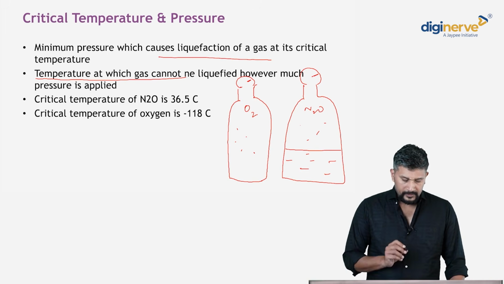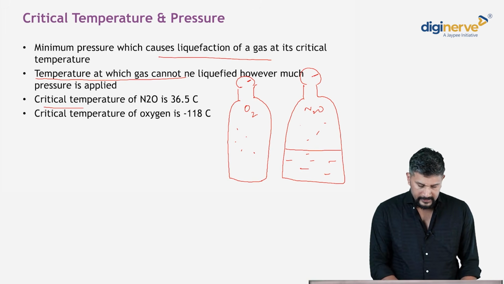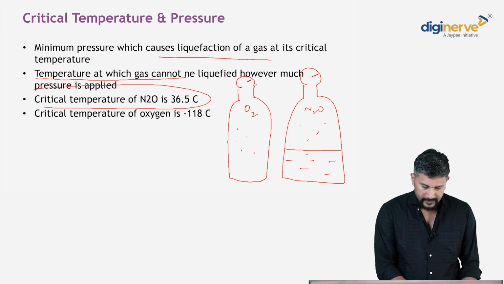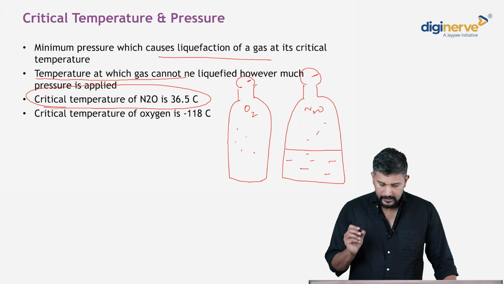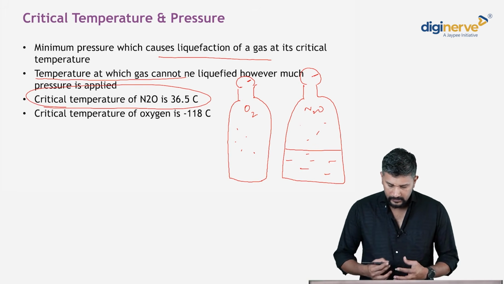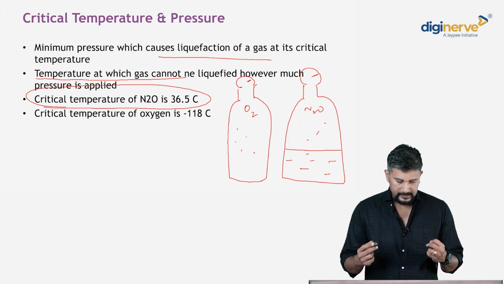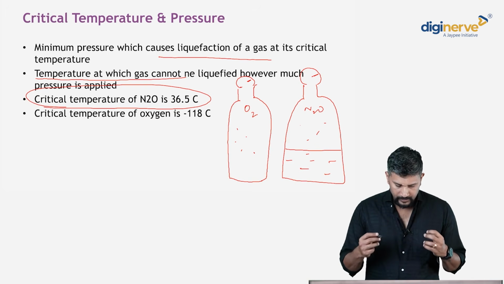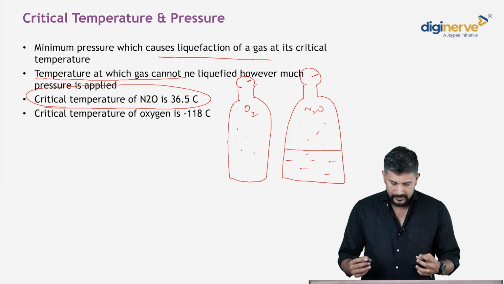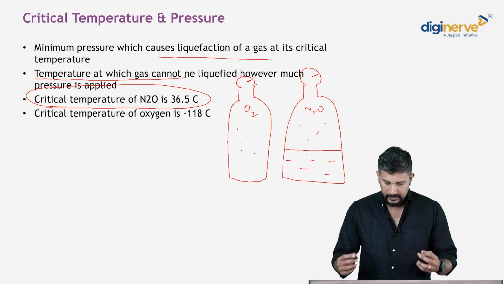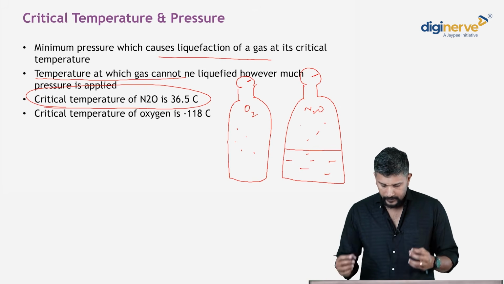Critical temperature of nitrous oxide is plus 36.5 degrees Celsius. Now, this means that beyond 36.5 degrees Celsius, however much pressure you apply, nitrous oxide will not be converted into a liquid.